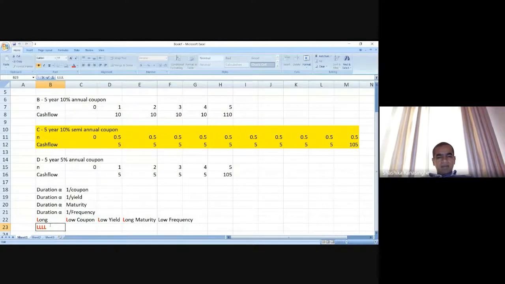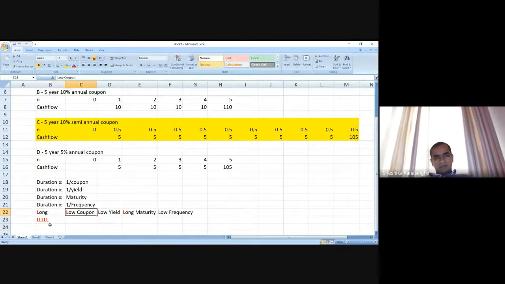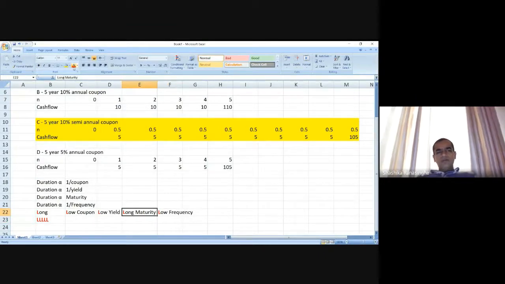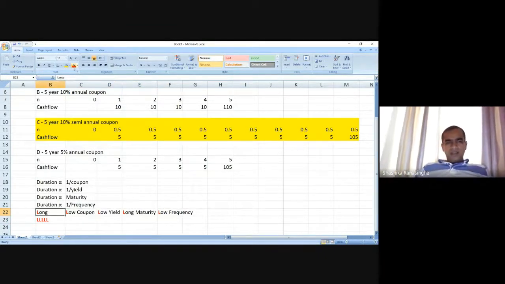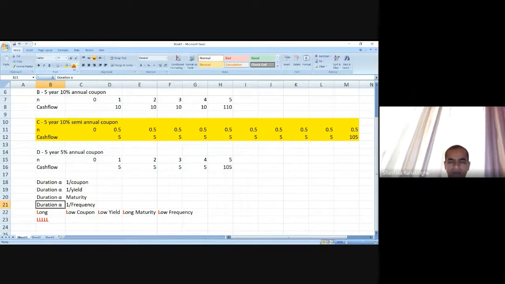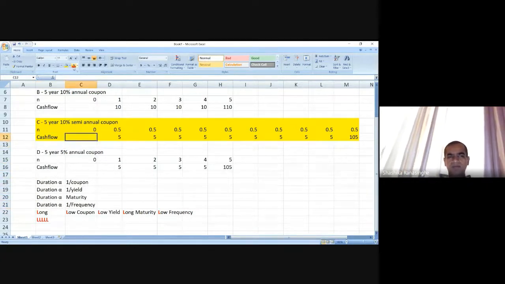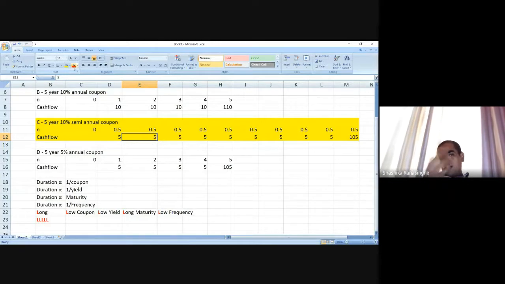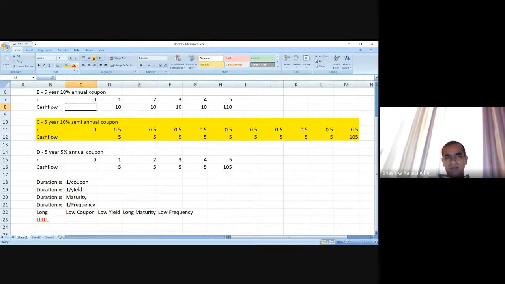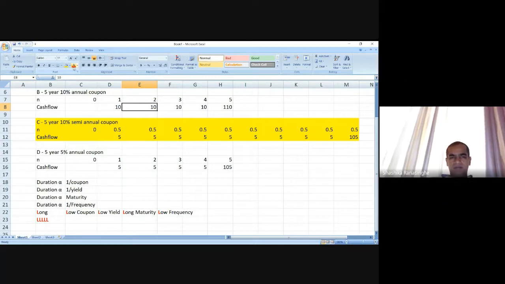Frequency is low, duration is long. Low frequency means you get coupons like annually, right? High frequency means more often, right?